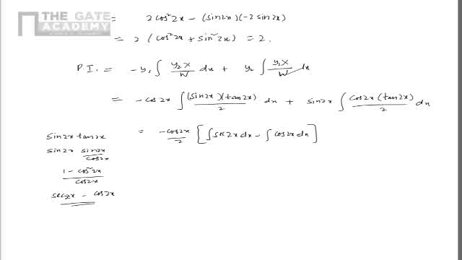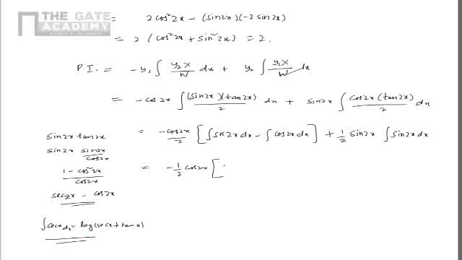Similarly here, this becomes quite simple, because tan 2x is sin 2x by cos 2x, so it becomes sin 2x dx. Okay, so now integral secant x is basically log of secant x plus tan x. This is one which you should know. So this is half cos 2x.